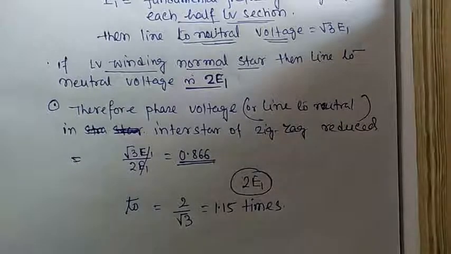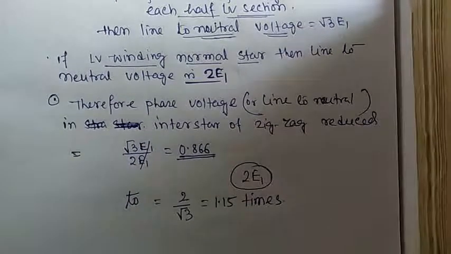So when this is done, the interstar connection becomes expensive because it involves extra copper and more iron.